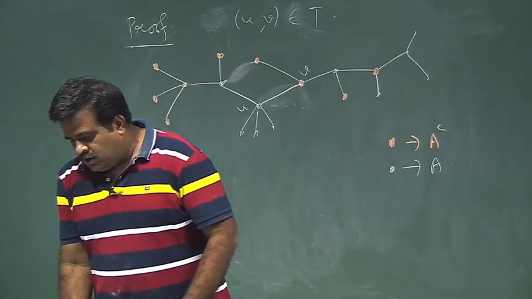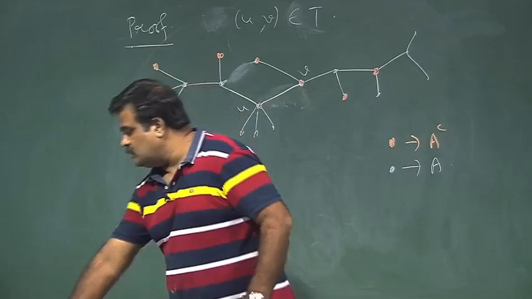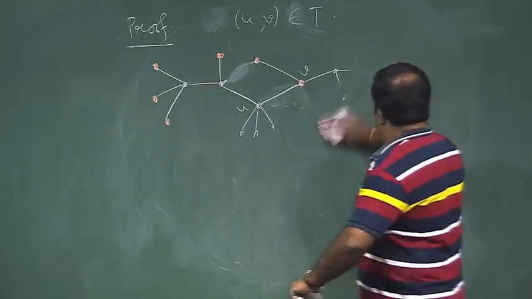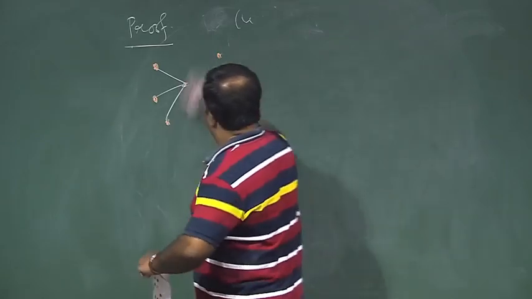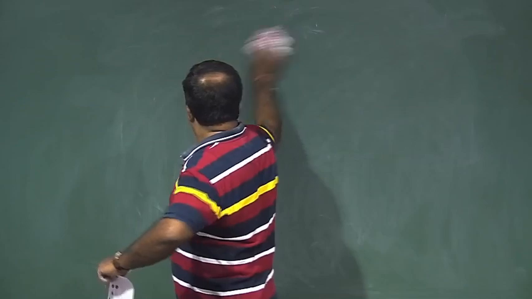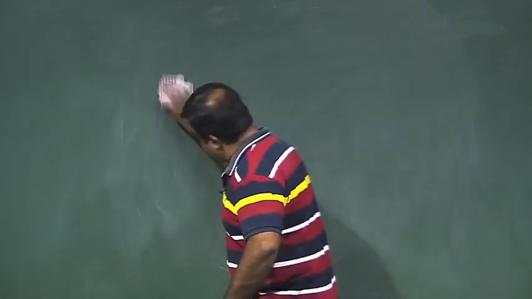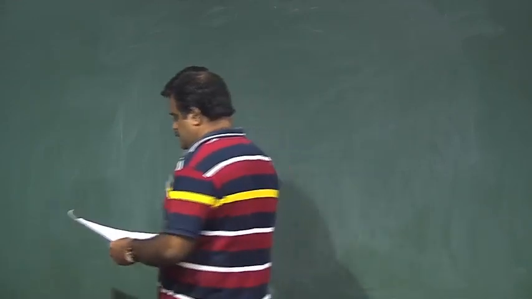Now, based on this theorem, we have an algorithm which is called Prim's algorithm, which is a greedy algorithm to find the minimum spanning tree. So, let us write Prim's algorithm.